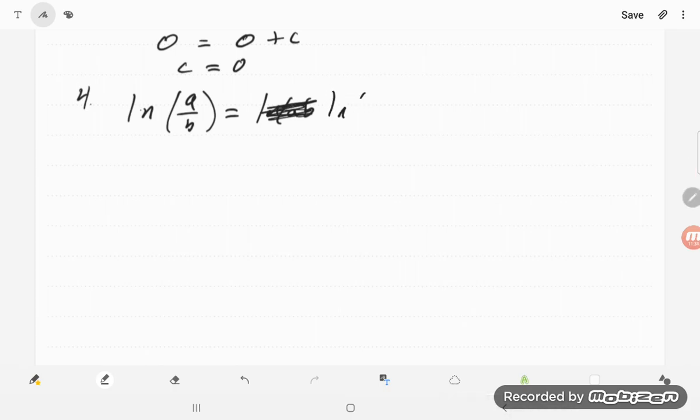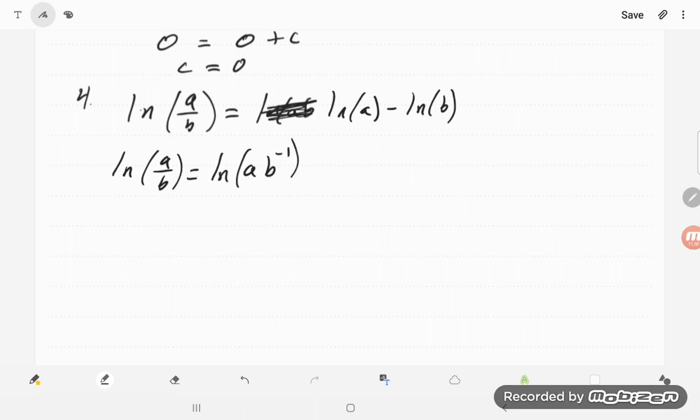So this is the log of A minus the log of B. And so, again, the proof here, actually, we don't need derivatives because we can write this as natural log of A times B to the negative 1. But then we know that's the natural log of A plus the natural log of B to the negative 1.